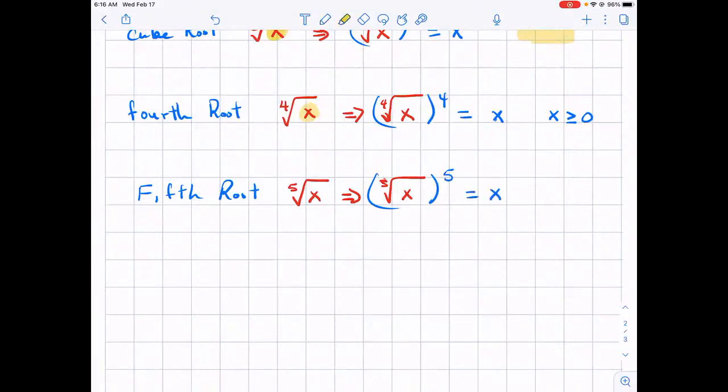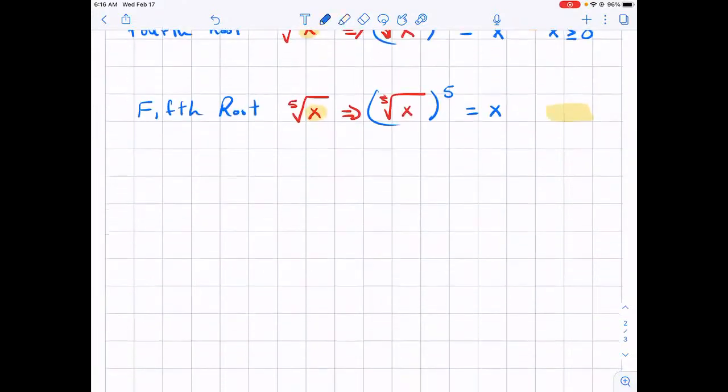And here, we don't care if x is positive or negative, so we don't say x has to be greater than or equal to 0. So the nth root of x, if we raise it to the nth power, we get x.